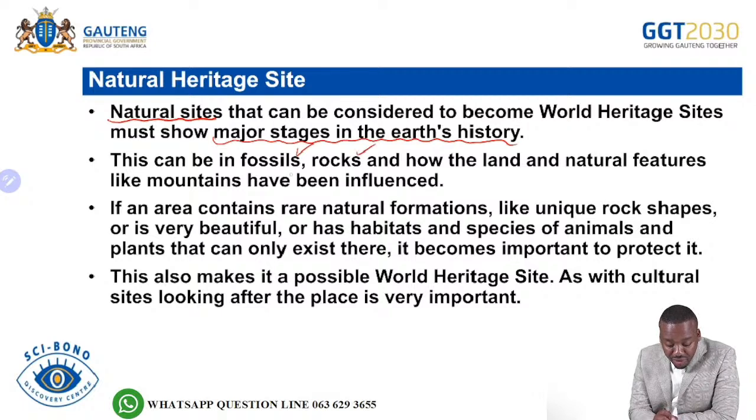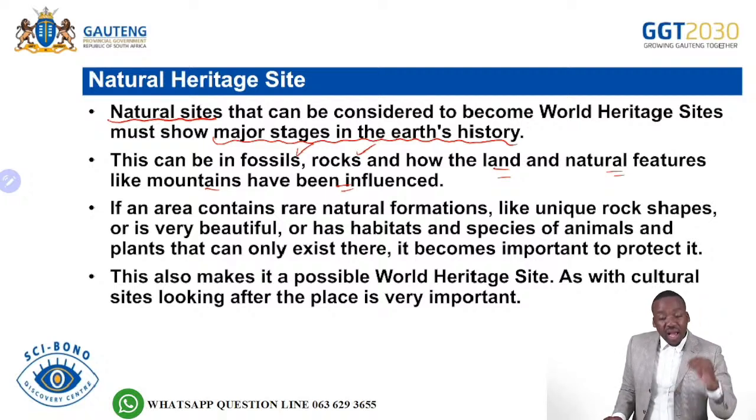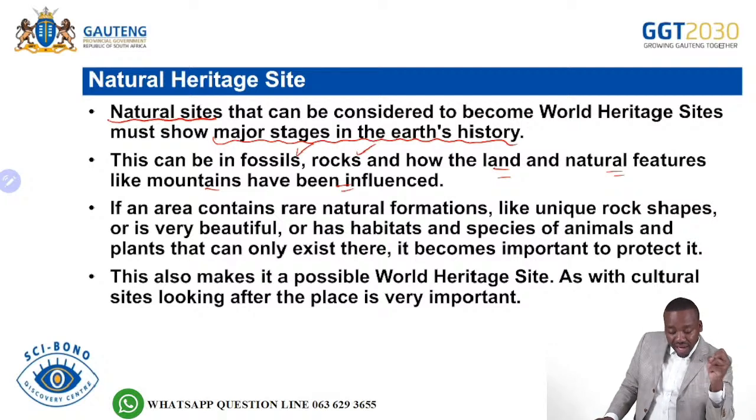This can be in fossils, rocks, and how the land or natural features like mountains have been influenced over time. So for it to become a natural heritage site, those are the things that we look at. We study the rocks, the type of land, the type of fauna that is found there, the flora that is found, and then we can say, oh, this can be a natural site.